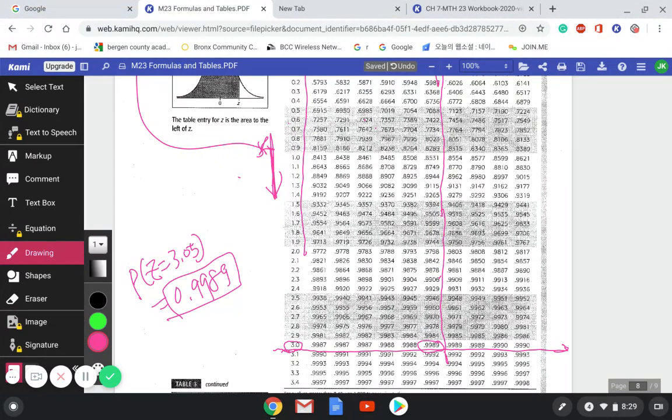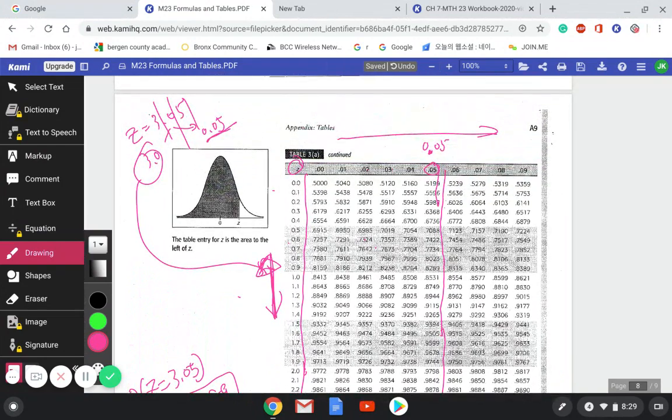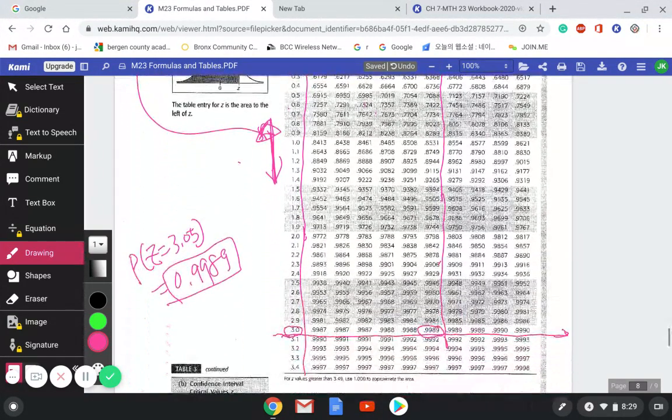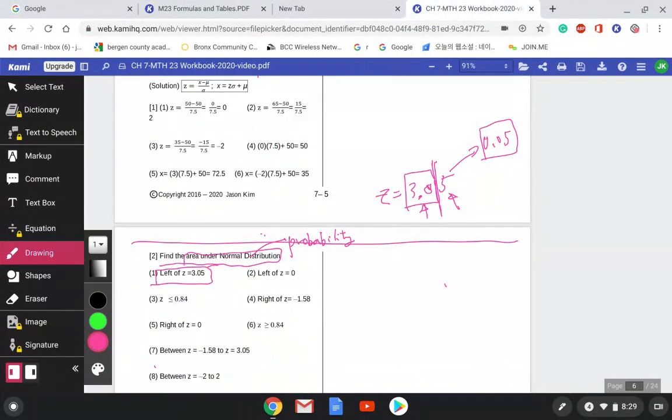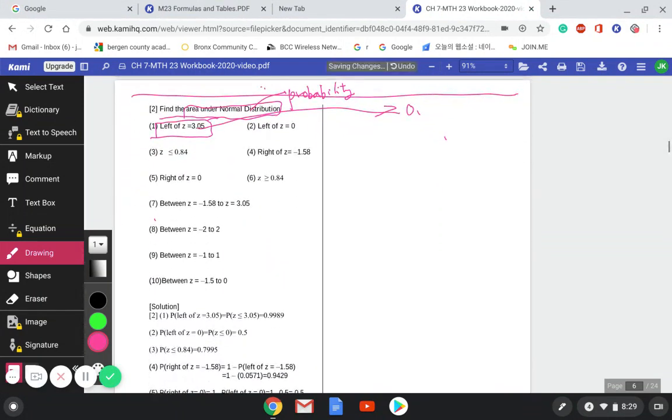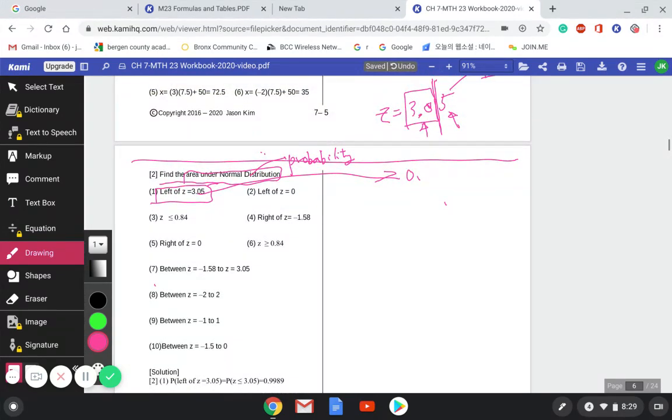So the first two digits, 3.0, you use as up and down, and then 0.05 left and right to find the value, and wherever they meet, that becomes the probability. So when I go back, yes, that was 0.9989, right?